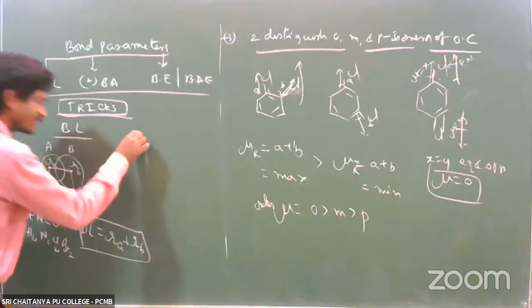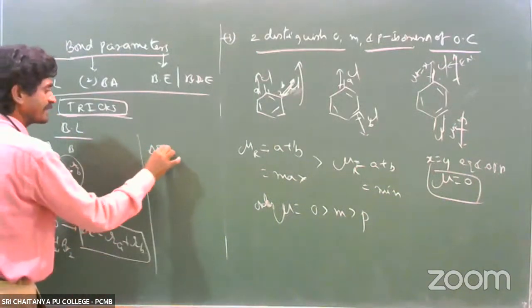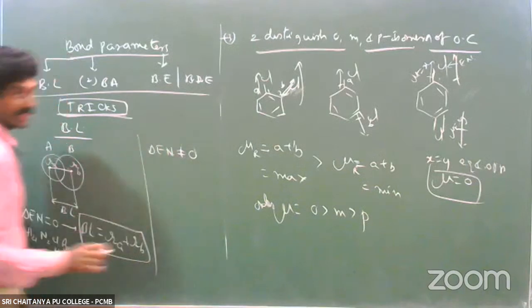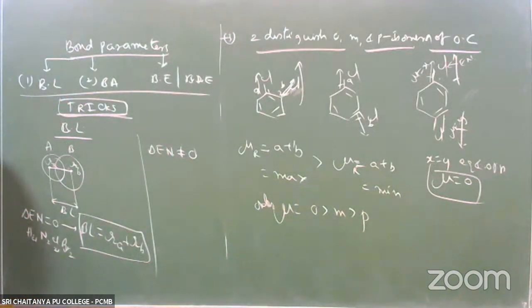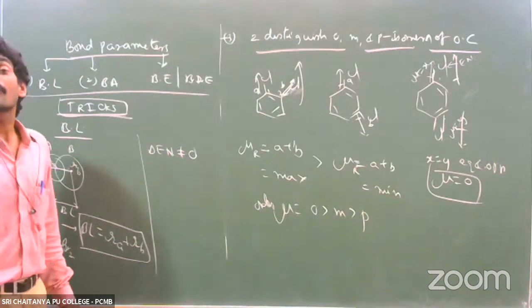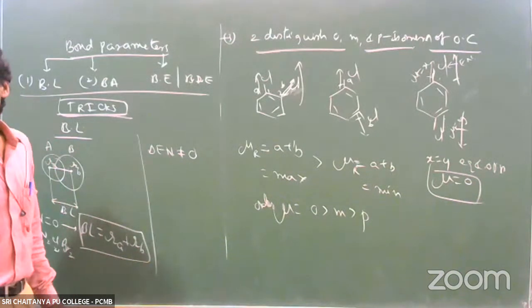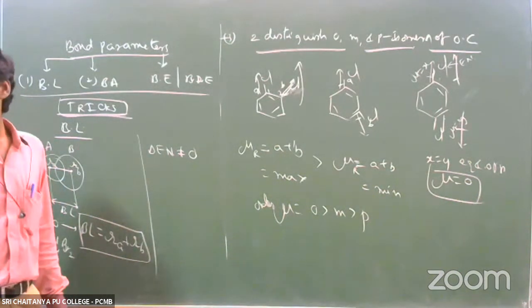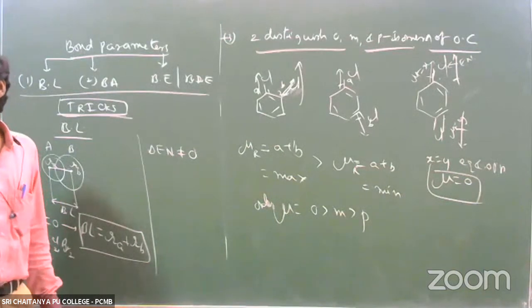Then, if the electronegativity difference is not equal to 0, that is, some value is there, it is generally heteroatomic molecules. These are polar molecules, polar covalent bonds. Heteroatomic means both are different atoms, so automatically an electronegativity difference must be there, right?